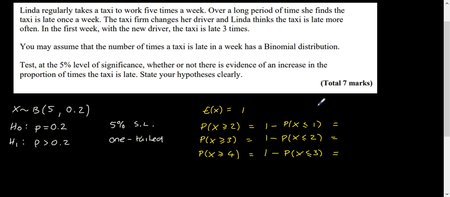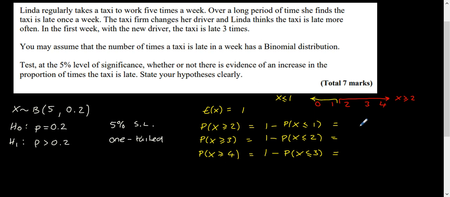So if you think of the values 0, 1, 2, 3, 4, if I'm interested in greater than or equal to 2, that's those values over there. So what do I need to do? I need to work out less than or equal to 1 and take it away from 1, and therefore I have my value.